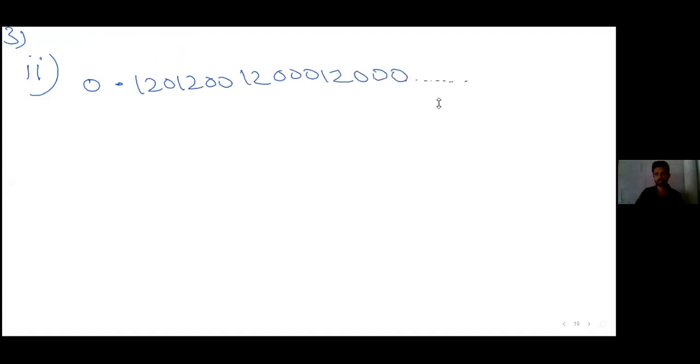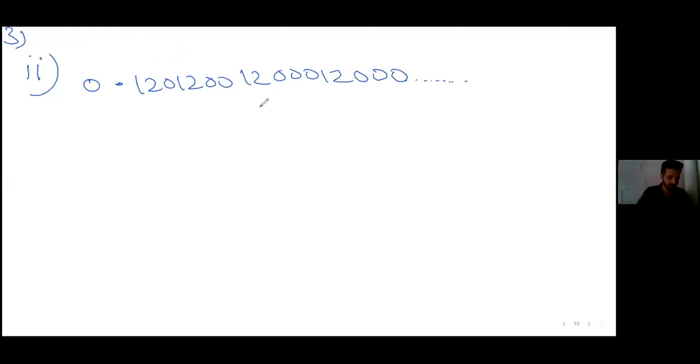Then problem number 2 out of 3. They have given 0.120120012000120000, and it is not ending at all. Yes, it is non-terminating and non-repeating also. You cannot see any particular set of numbers repeating.